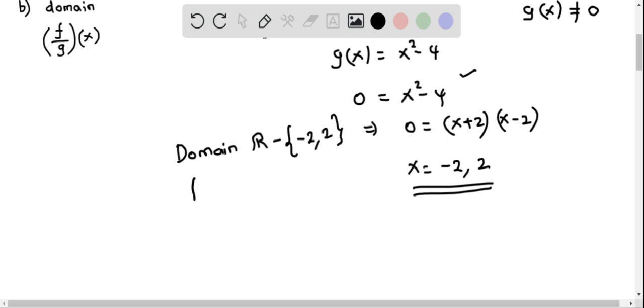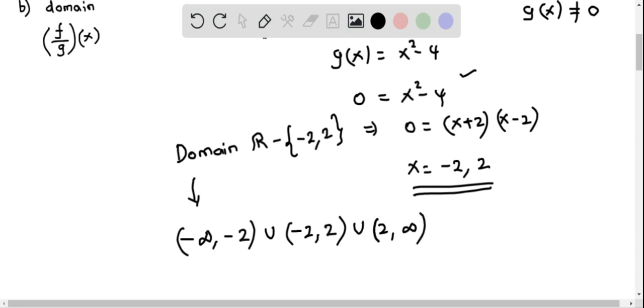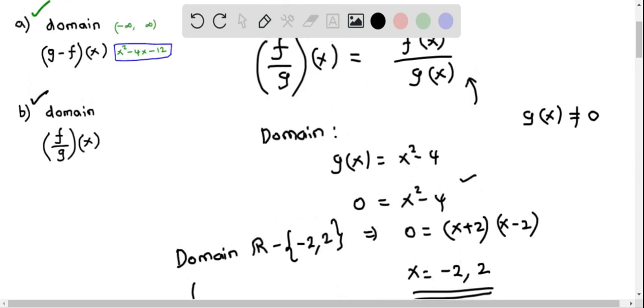Or otherwise, in interval notation, we can write the domain as starting from negative infinity, going till negative 2, then union the interval negative 2 comma 2, then union 2 to positive infinity. So this interval notation clearly indicates that the domain is all real numbers except negative 2 and positive 2. So this is the domain of this f by g of x function.